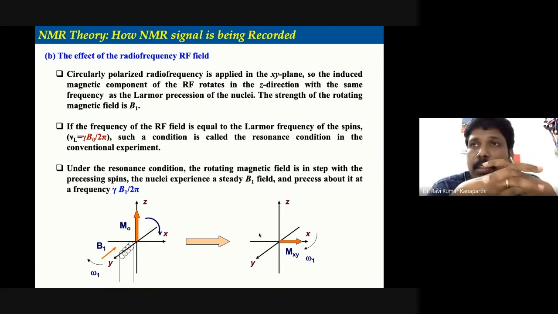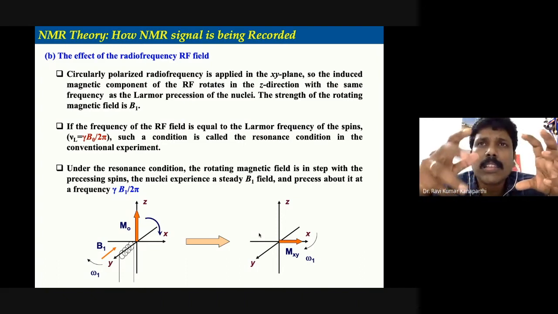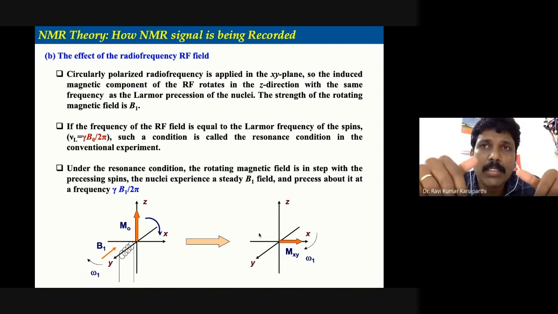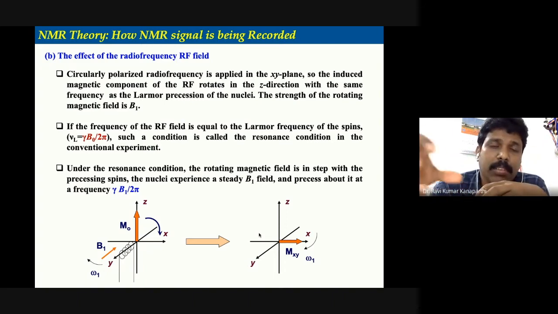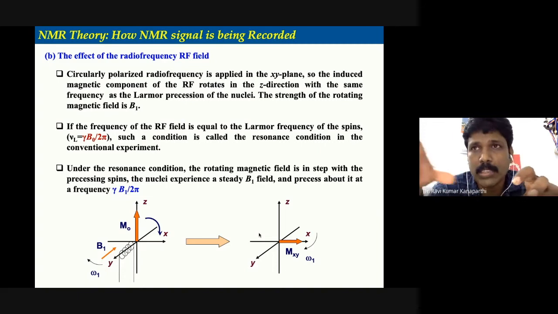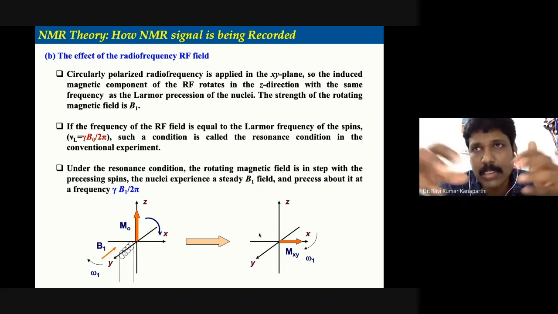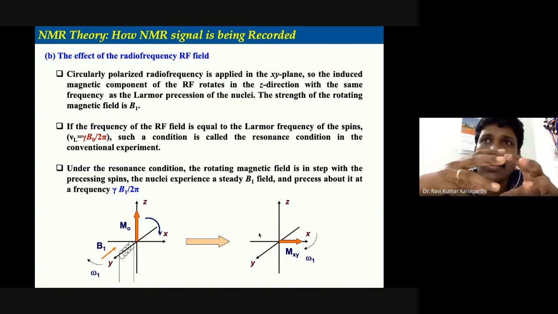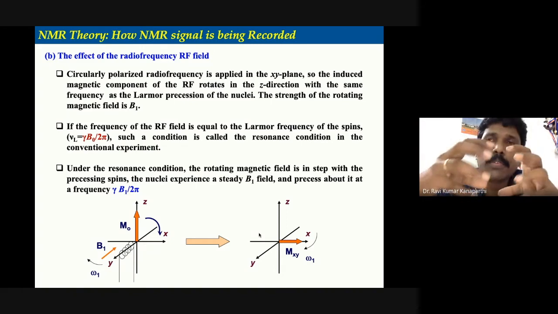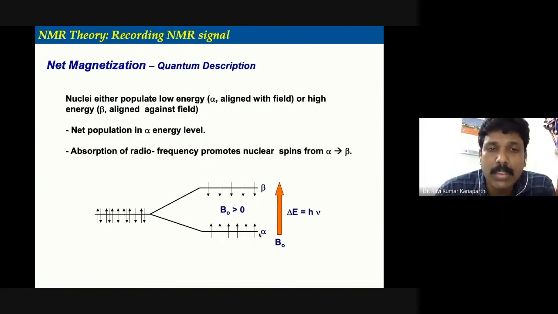Since there is an imbalance between the parallel and anti-parallel spins, that gives rise to what is referred to as the net magnetization. This particular situation is also referred to as thermal equilibrium.